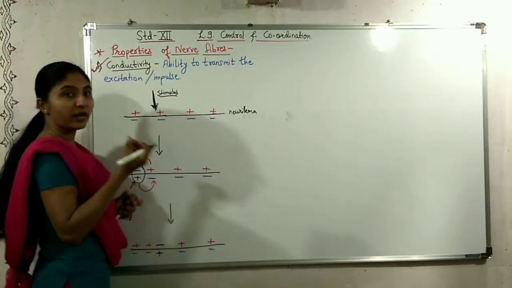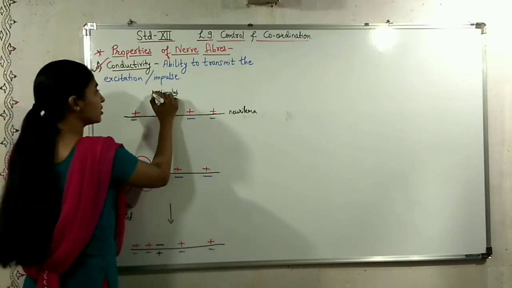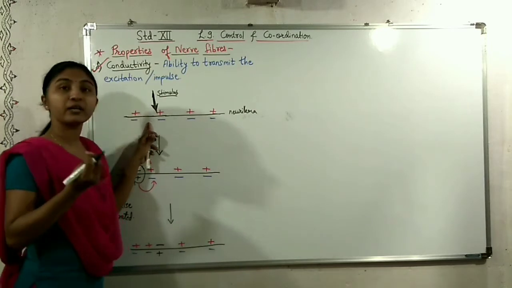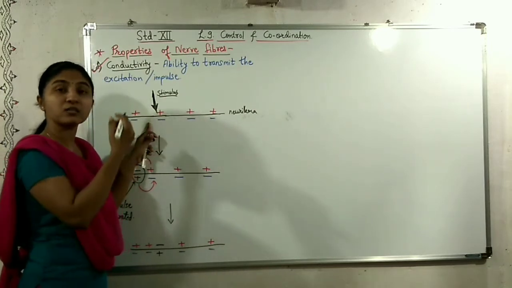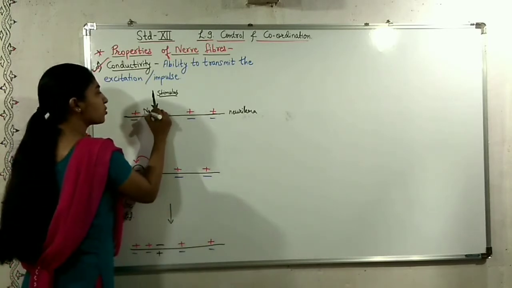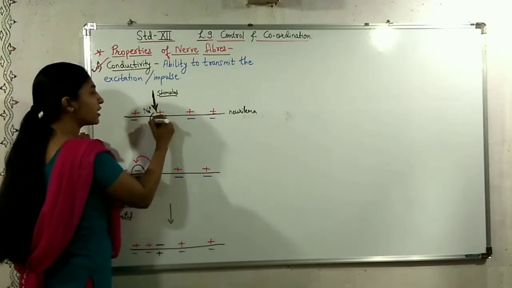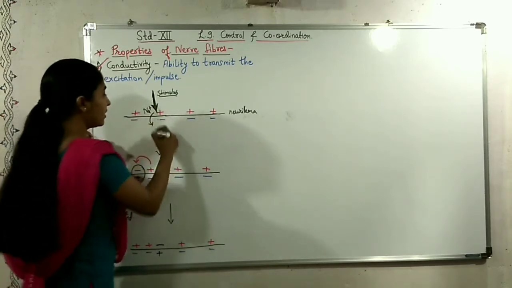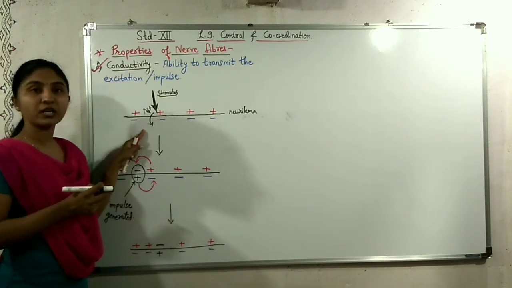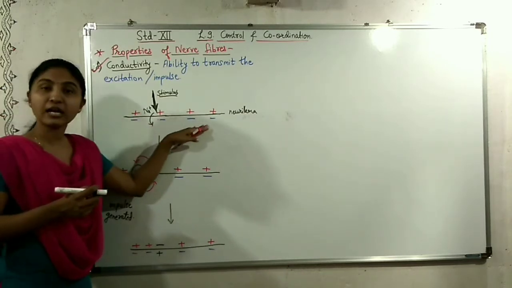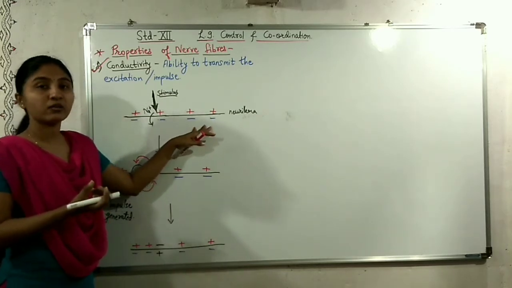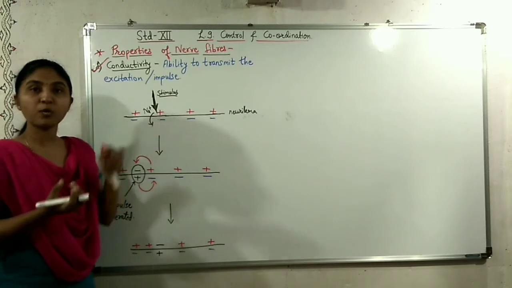Now when this membrane receives the stimulus, at the point where the stimulus is received, what happens? The sodium ions move into the membrane. As the sodium ions move in, the positively charged particles on the inner side increase, and the inner side becomes more positively charged.